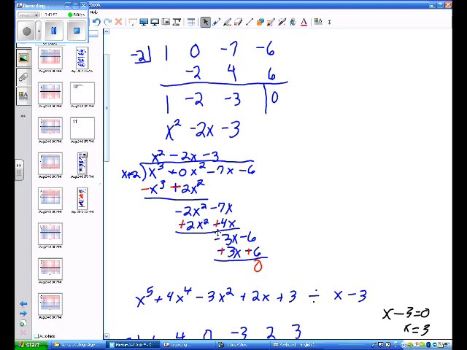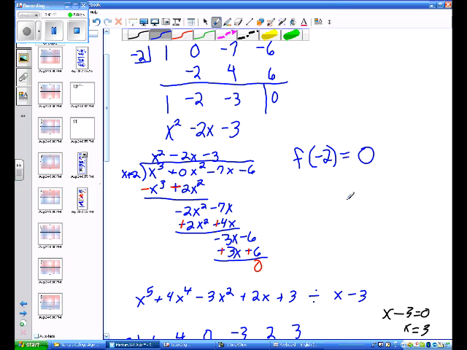As we worked it through, we got 0 as our remainder. So that would mean, according to our factor theorem, that f of negative 2 would be 0.